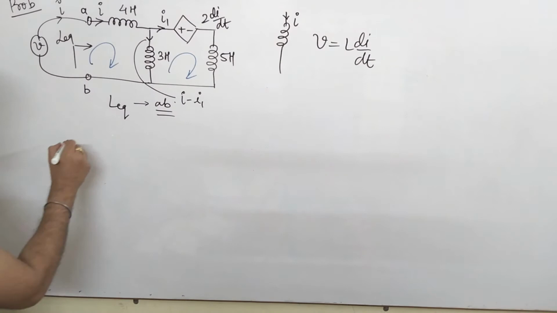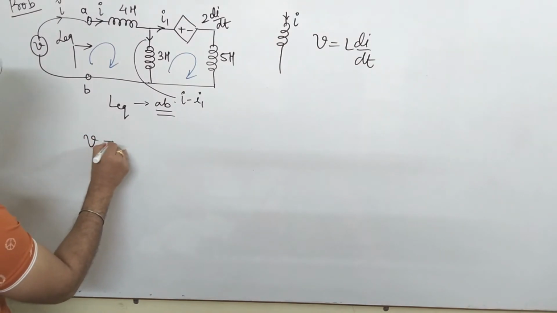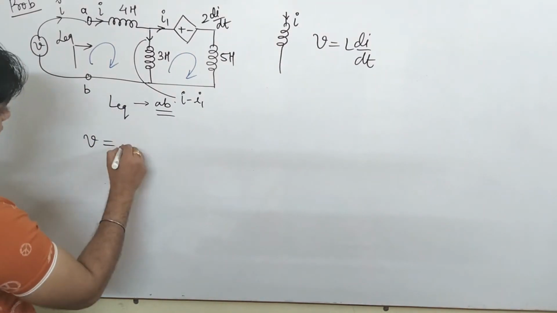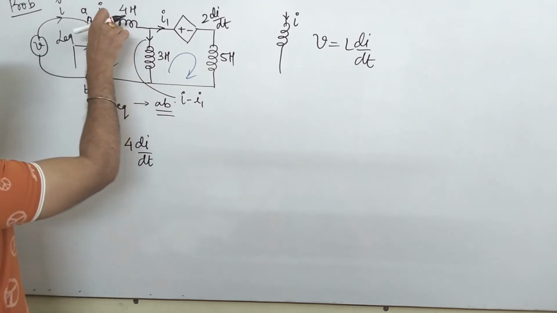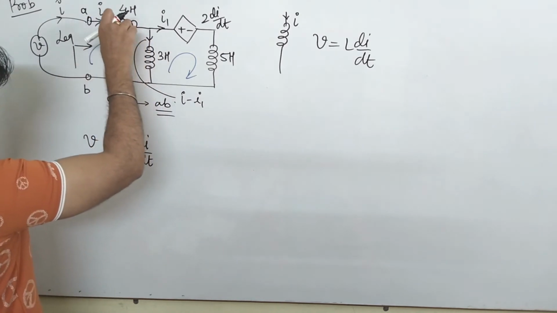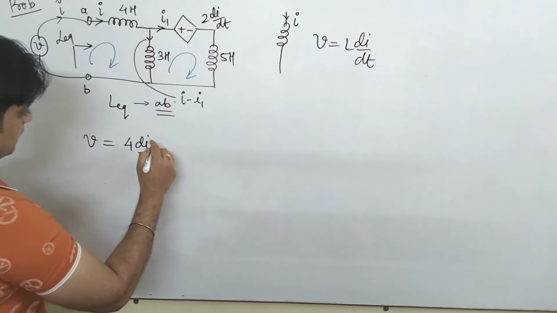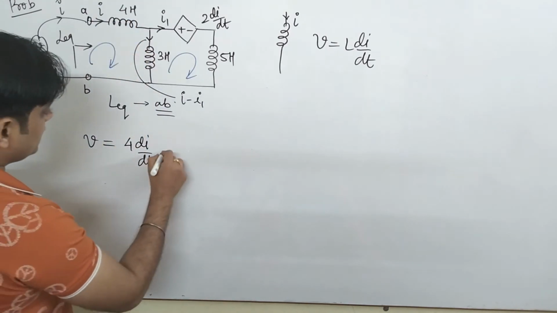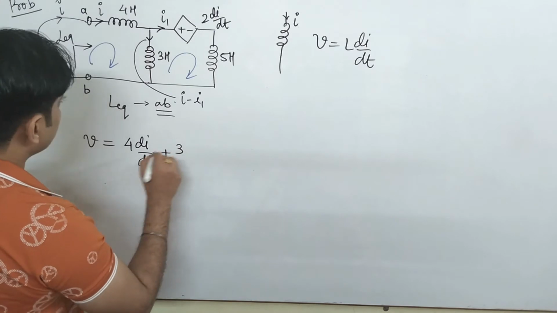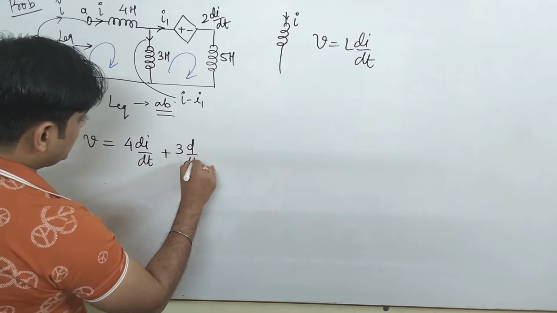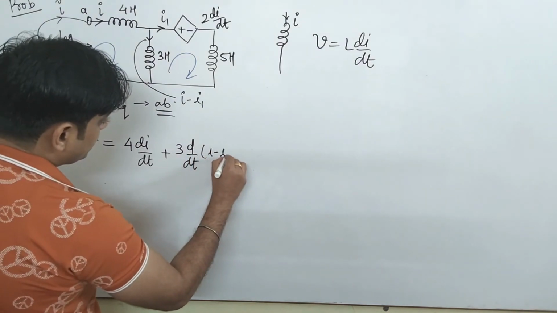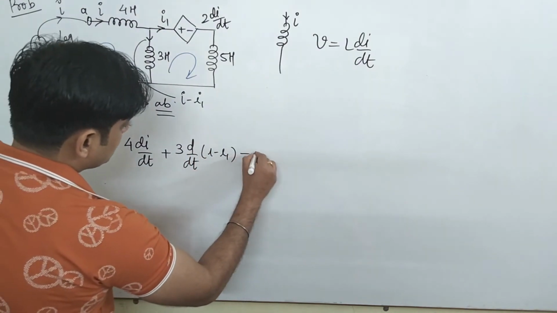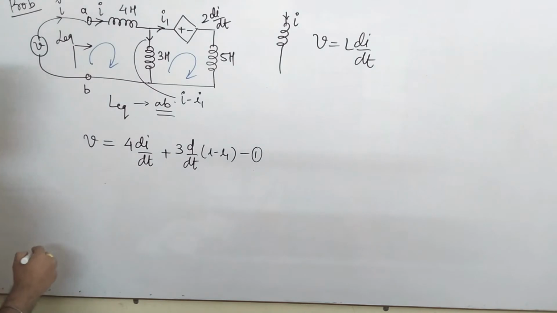So this comes to be V is equal to 4 di by dt, the voltage across this inductor. Then what is the voltage across this inductor? It is L d upon dt of I minus I1. Yes, this is your equation first.